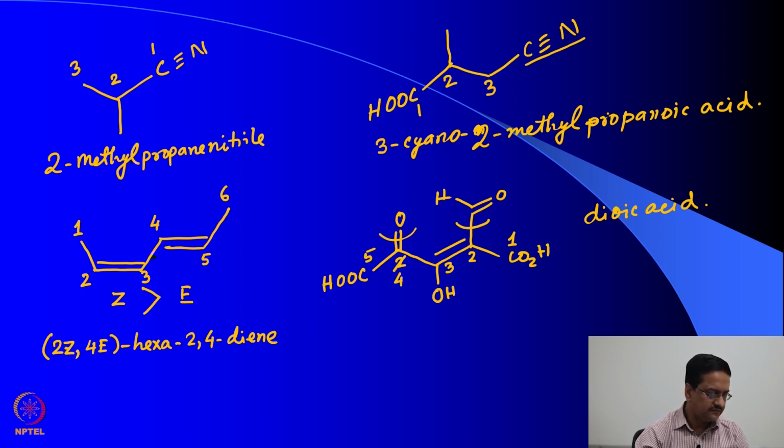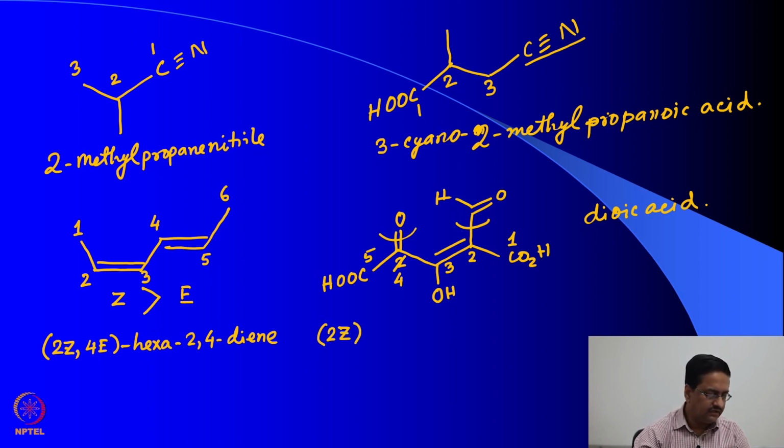So, this becomes pentane dioic acid, and now we should try to write down the name. What is the configuration at 2? The 2 has a double bond which is in the Z conformation. So, we should first write the configuration of the double bond as 2Z.